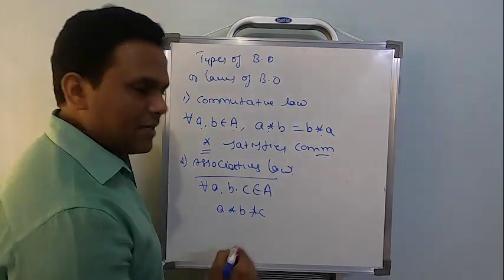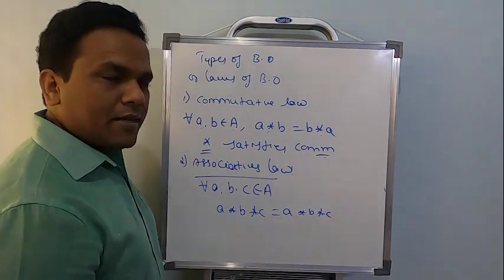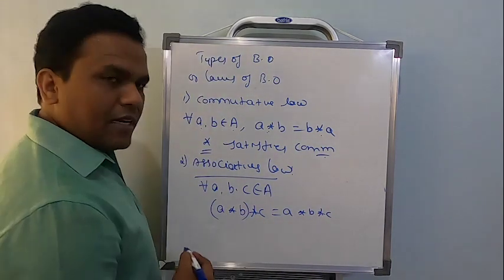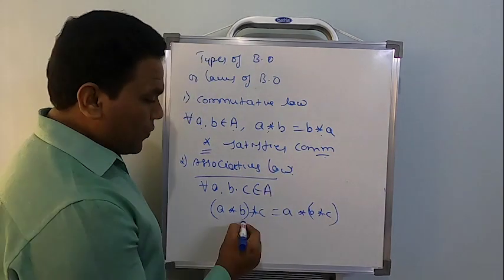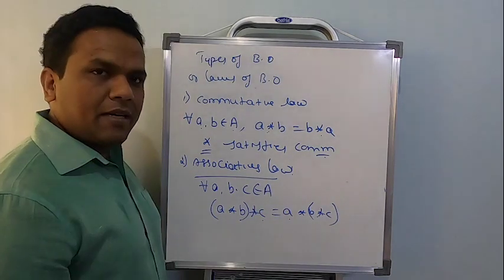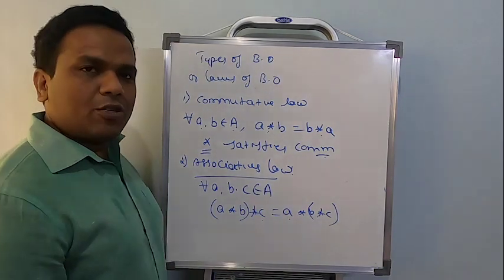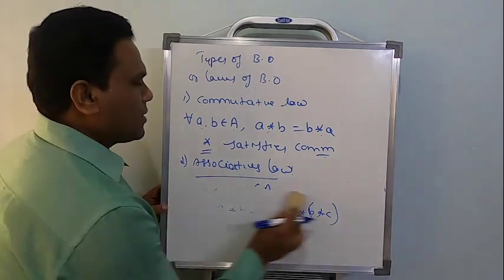A star B star C equal to A star B star C, right, like this. If you are associating A star B on the left side, then associate B star C on the right side. Or if you are associating B star C on the left side, then associate A star B on the right side. In any way, it should be the same. Okay, fine. That is the second one, associative law.